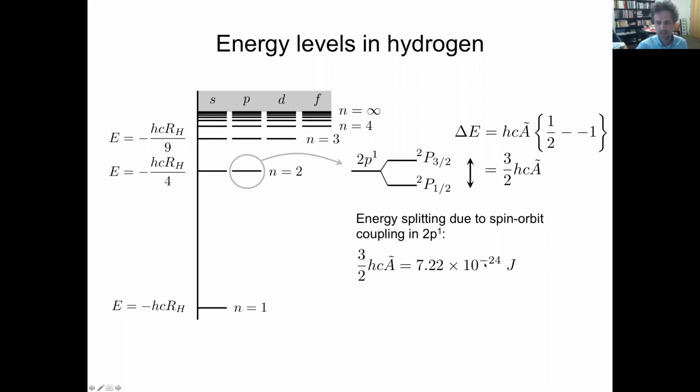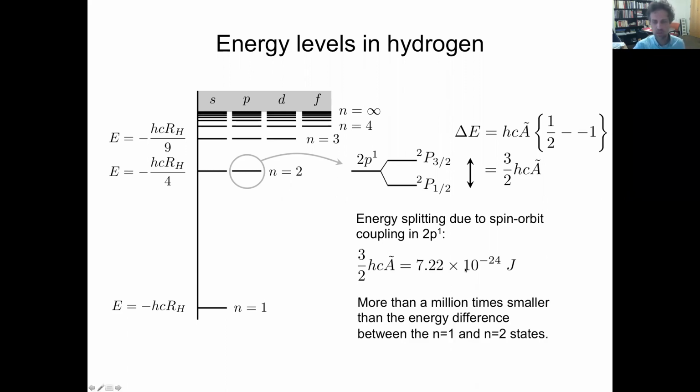Now, this number is 10 to the minus 24. Previously, between n=1 and n=2, we found 10 to the minus 18. Remember that? So this energy here is about 1,000,000 times smaller than the energy difference between state 1 and state 2. The difference between state 1 and state 2 is enormous compared to this little tiny energy due to spin orbit coupling, right?